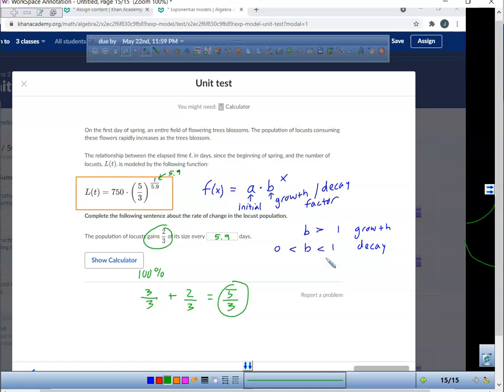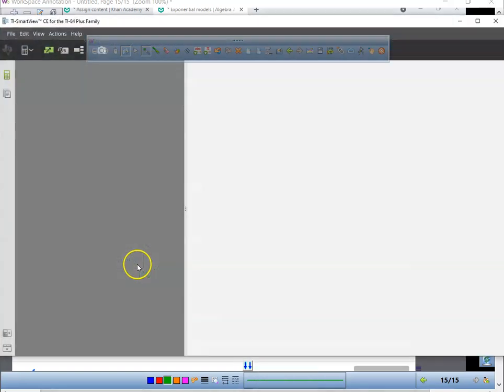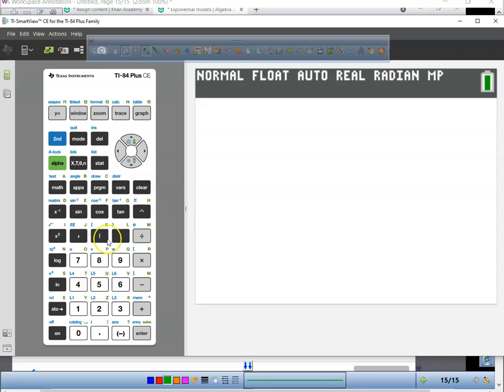If you wanted to know the actual b value, you would take 5 over 3 and you would multiply it, okay? Multiply it by 1 over 5.9. So watch what happens. Take my calculator here. Parentheses, 5 divided by 3. Let's try that again.